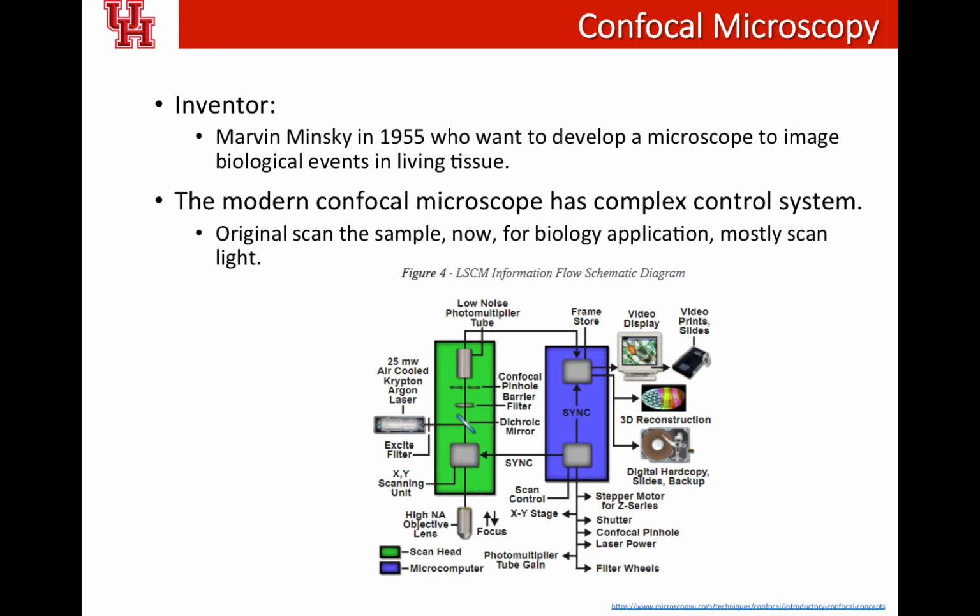The modern confocal microscope is pretty complex, right? You have to control the synchronization. You have to relate your signal from the PMT to your location, so you have to scan your optical path, right? The initial confocal microscope developed by Minsky moved the sample instead of the optical system.